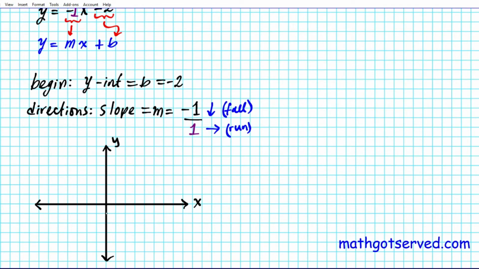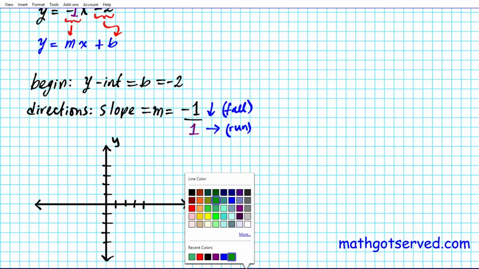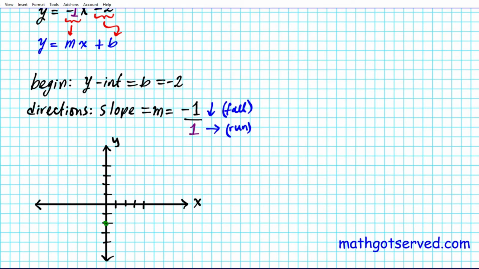The y-intercept is b, which is negative 2. Think about b as the beginning. That's where you begin from. Then use the slope to find the second point. So let's graph the y-intercept. The y-intercept is negative 2 right here. So that's 1 point.